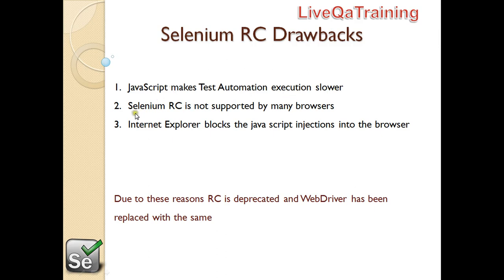And Selenium RC is not supported by many browsers. One of the major browsers is Internet Explorer, a very secure browser which blocks the injection of JavaScript into the browser, exactly. Due to these reasons, Selenium remote control has been deprecated and WebDriver has taken over the market by replacing the RC.